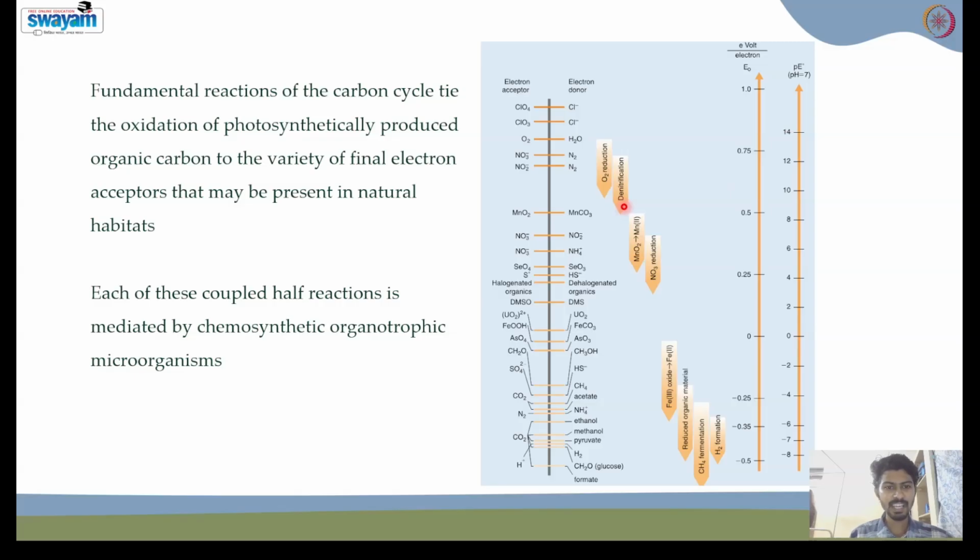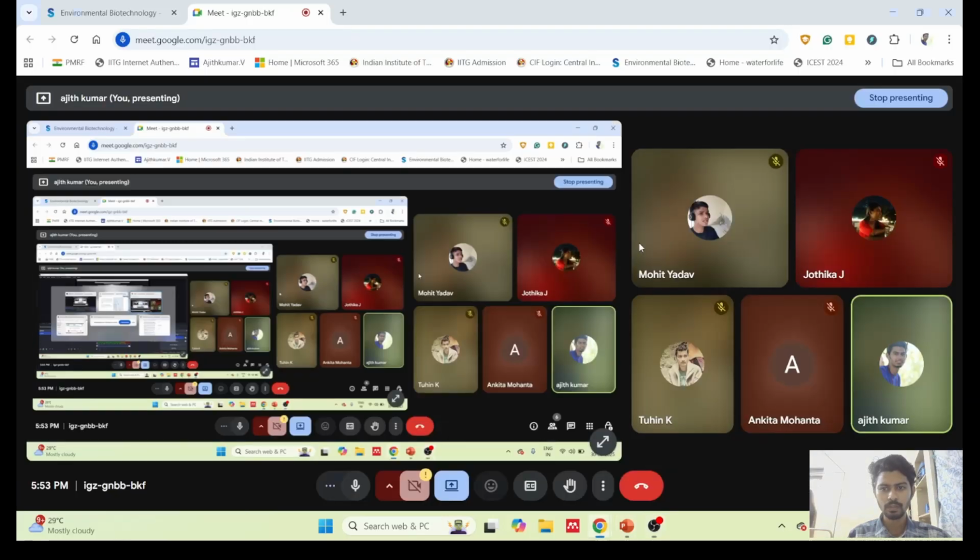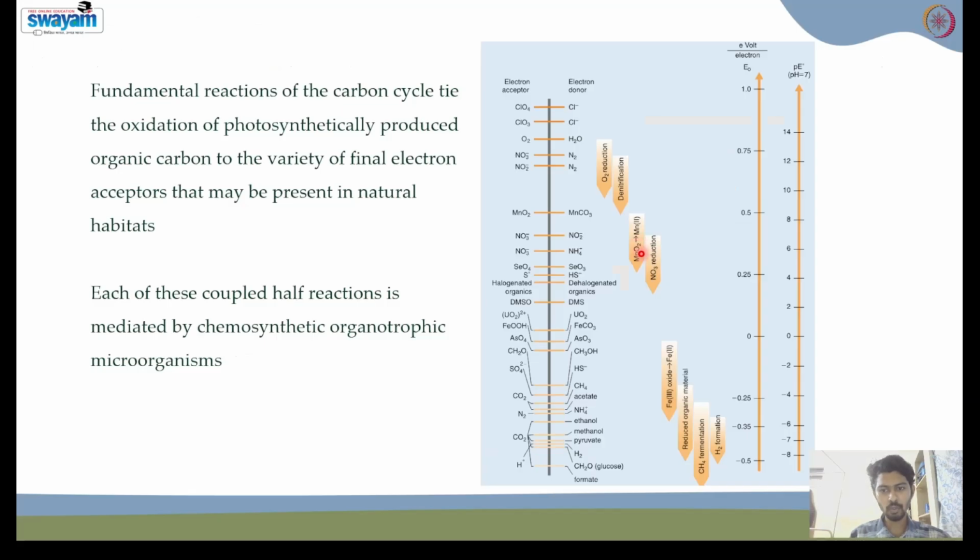Followed by the oxygen reduction, the next energetically favorable reaction is denitrification, where the nitrite and nitrates will be converted into nitrogen gas, followed by MnO2 reduction, followed by NO3.